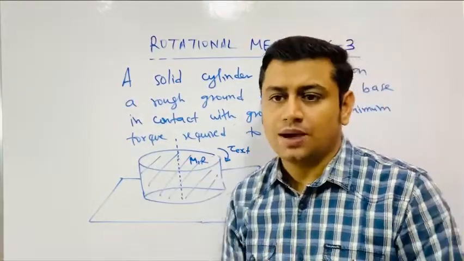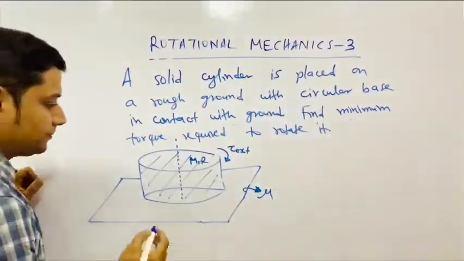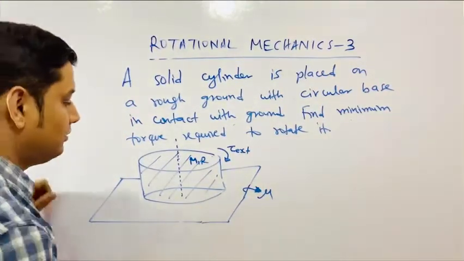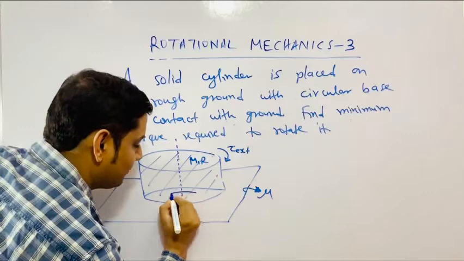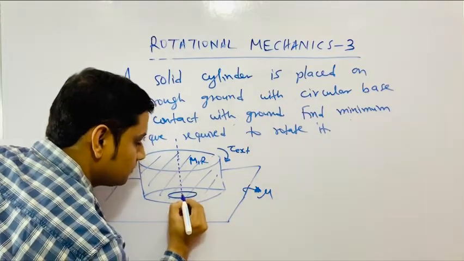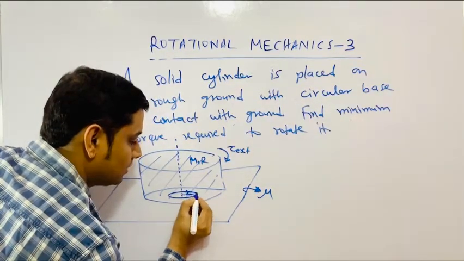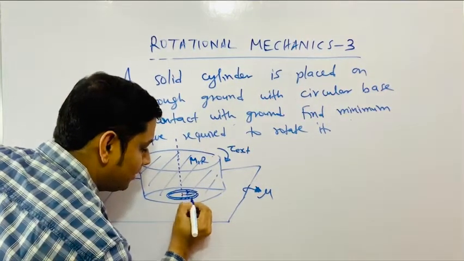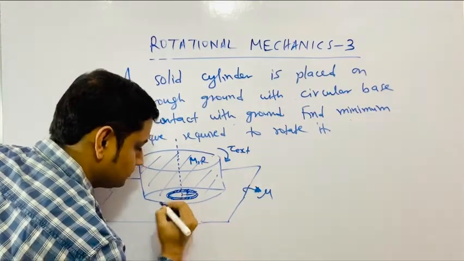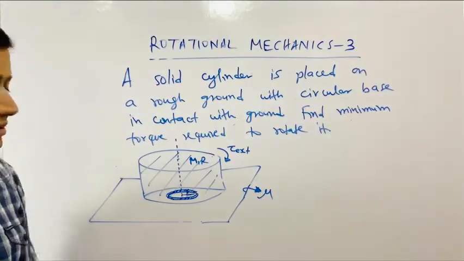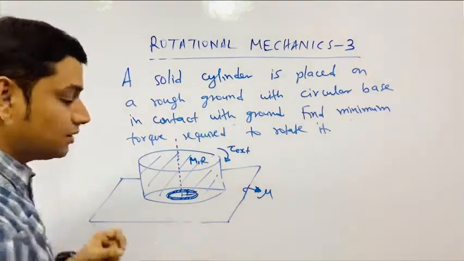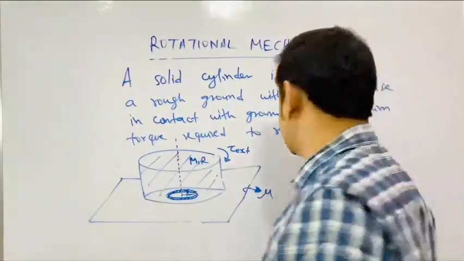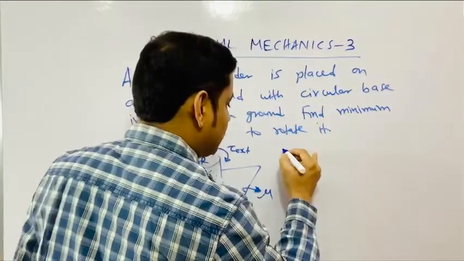So let us see when it is about to rotate. Go to a distance r from here. Take a distance dr. You take a ring between r and r plus dr. From top view, it looks like this.